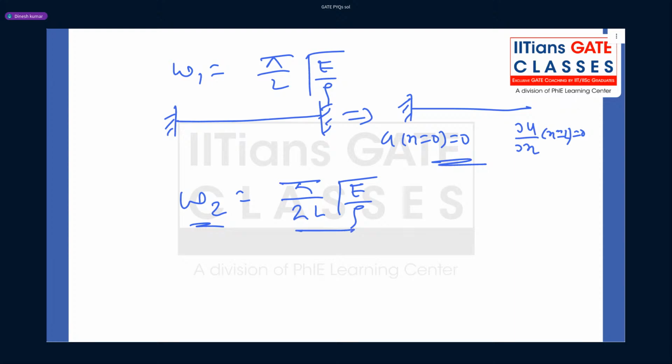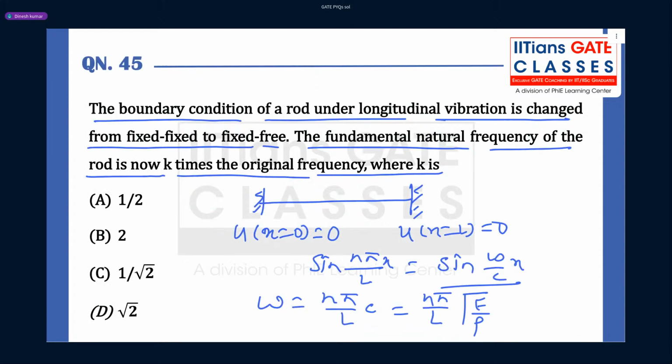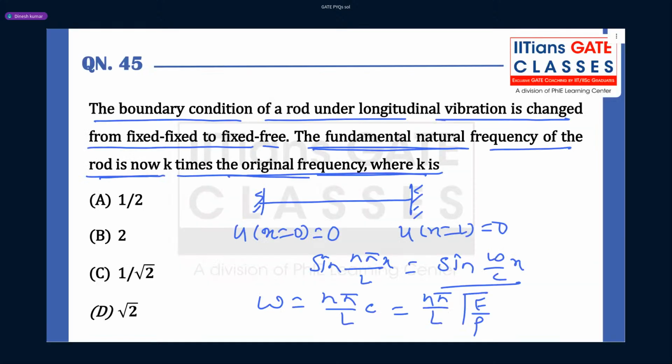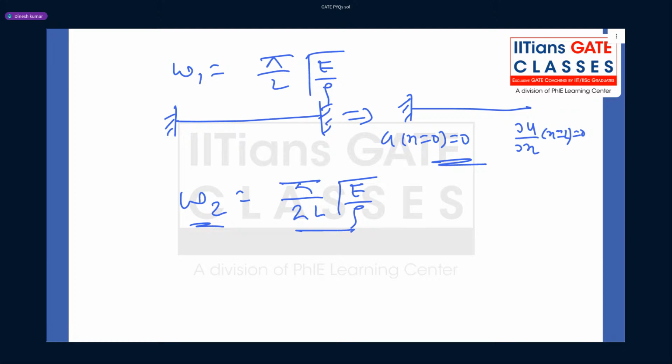Now what they told in the question is that the fundamental natural frequency of the rod is now k times the original frequency, right? So they asked what is the value of k. Now we know initially the original frequency omega 1 is pi by L under root E by rho.